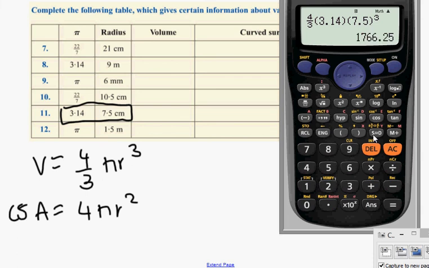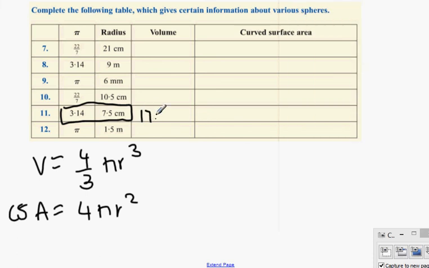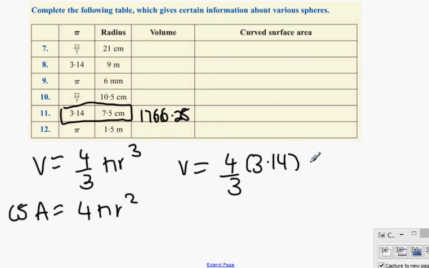That's your answer, and changing the decimal, 1766.25. Now in a test, guys, you have to write down 4/3, 3.14, 7.5 cubed, and only then do you get full marks, because you have to show your work. So please remember that. Although you can do it in the calculator, you got to show the work to get the marks.